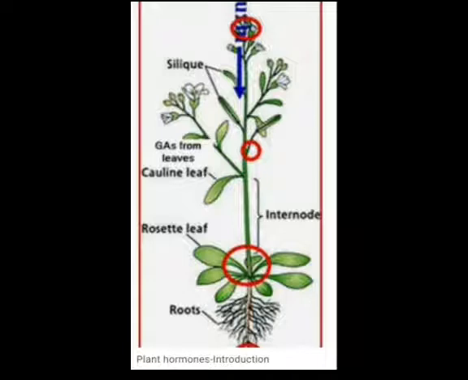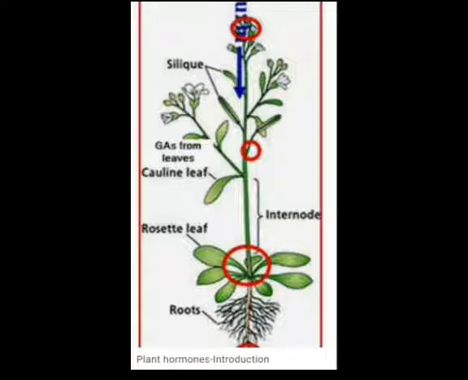They have a role to play in cell division, cell enlargement, cell differentiation, fruit growth, falling of leaves, ripening of fruits, and aging of plants, etc. There are four types of plant hormones, namely auxins, gibberellins, cytokinins, and abscisic acid.